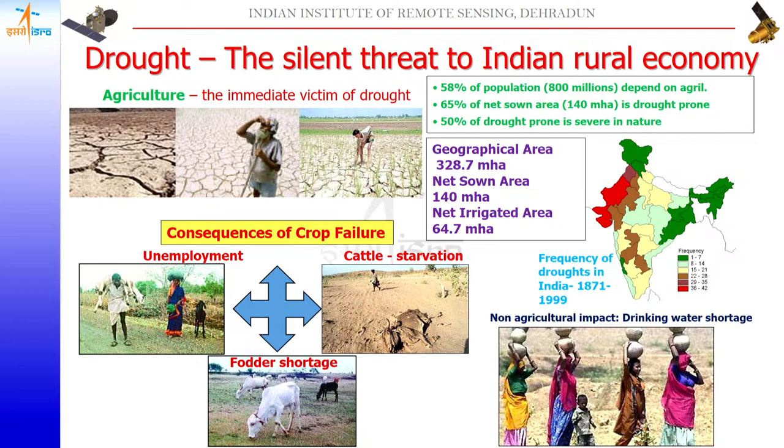Along with this, if I'm talking about the consequence of crop failure on agriculture, there may also be an increase in cattle starvation because of the unavailability of fodder as well as drinking water in the particular area. At the same time, it also causes unemployment for the rural population which is solely dependent on agriculture activities.